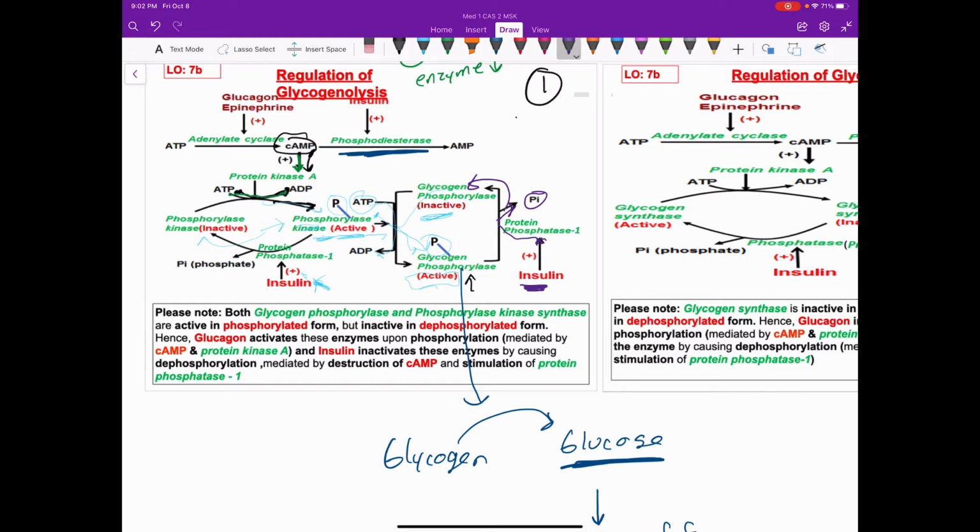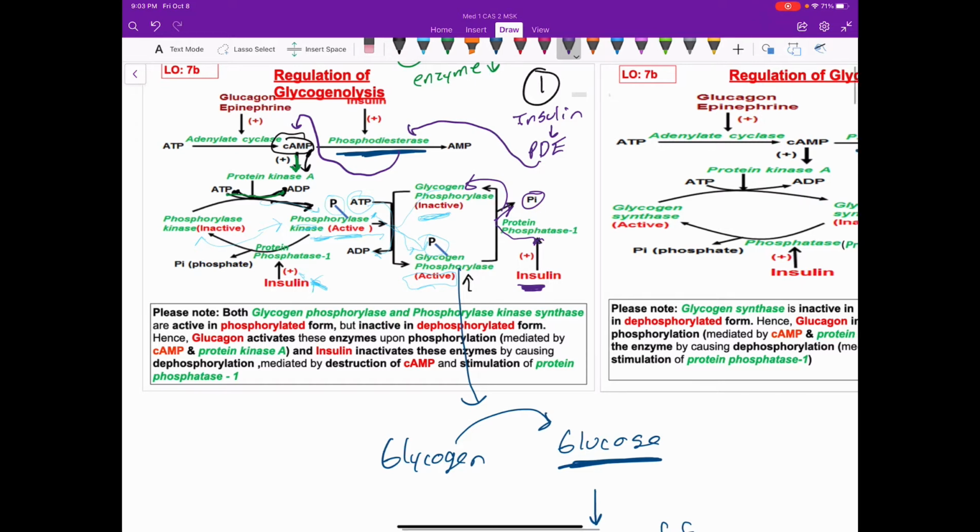So insulin has one other function. Insulin turns on phosphodiesterase. What is phosphodiesterase going to do? So this phosphodiesterase is going to come out and say, whoa, cAMP, don't turn off, relax. Don't want you anymore.